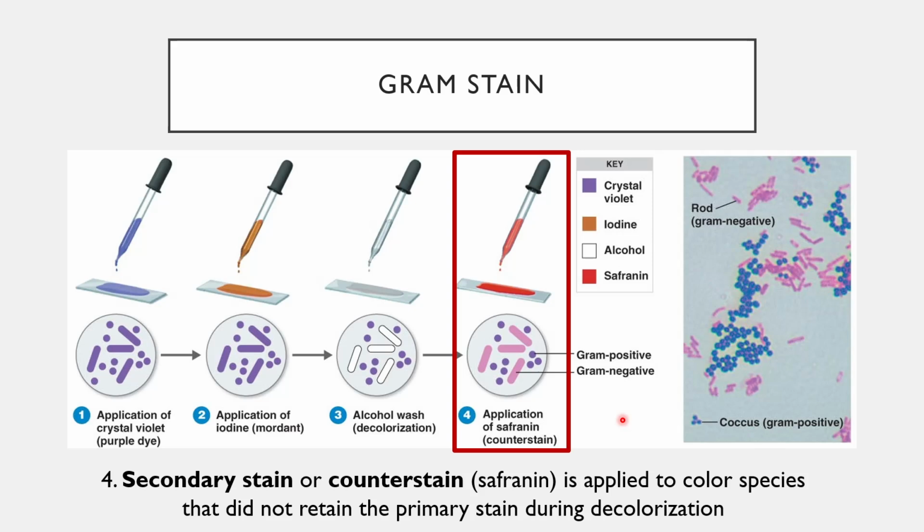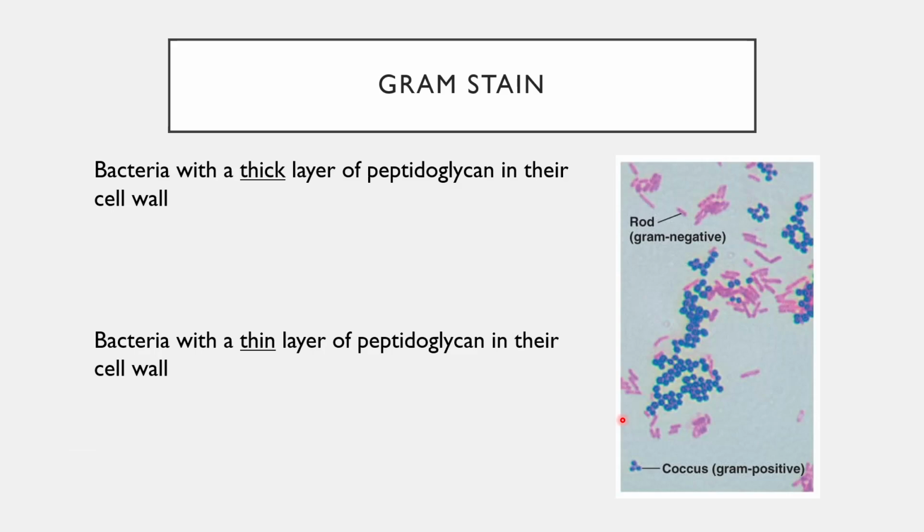Some bacteria have a thick layer of peptidoglycan in their cell wall, and these bacteria end up retaining the primary stain of crystal violet, meaning that they stay purple all throughout the stain. These bacteria are classified as Gram positive. So we call bacteria with a thick layer of peptidoglycan Gram positive.